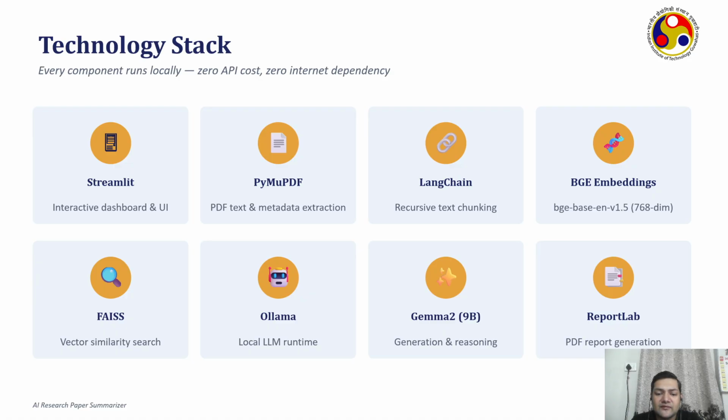FAISS acts as the vector database for similarity search, which was developed by Facebook, now known as Meta. Ollama provides a local runtime for Gemma2, a 9 billion parameter language model. Finally, ReportLab is used to generate professional PDF reports.